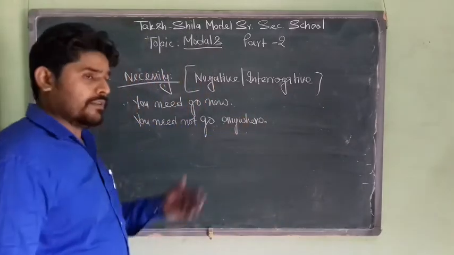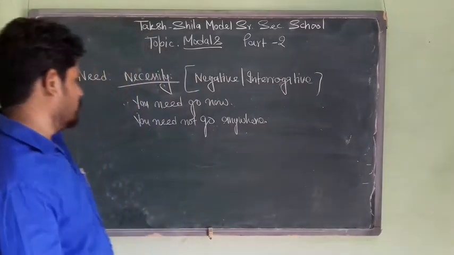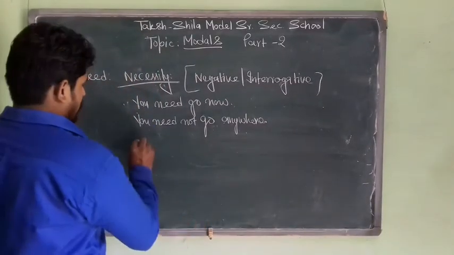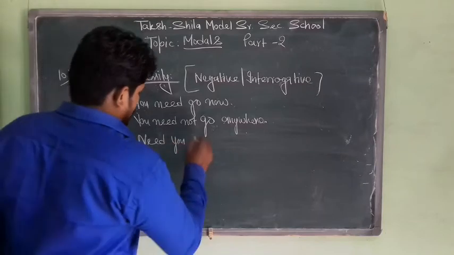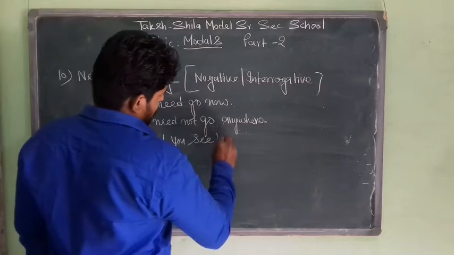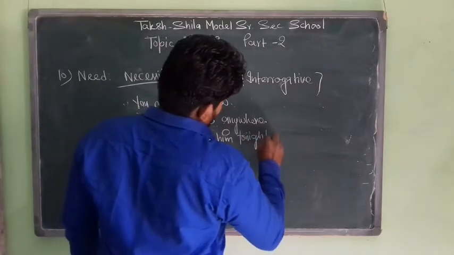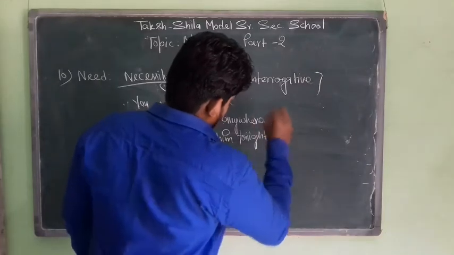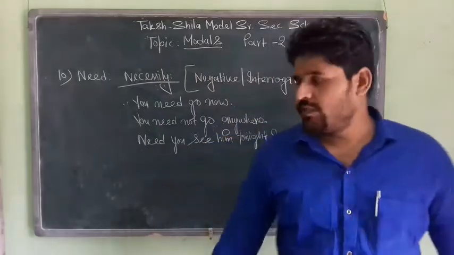Similarly, you need not go anywhere. The things you want, you will be provided with them here. So you need not go anywhere. Then, need you see him tonight? So are you supposed to meet him tonight? Are you required to meet him tonight?